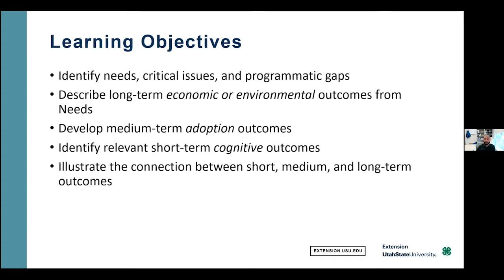We start with that big idea, and then we connect that to some long-term outcomes, and then we create medium and short-term outcomes. And at that point, then we start talking about program activities. So at the end of this entire presentation, you should be able to create an evaluation plan that focuses on the most relevant outcomes.